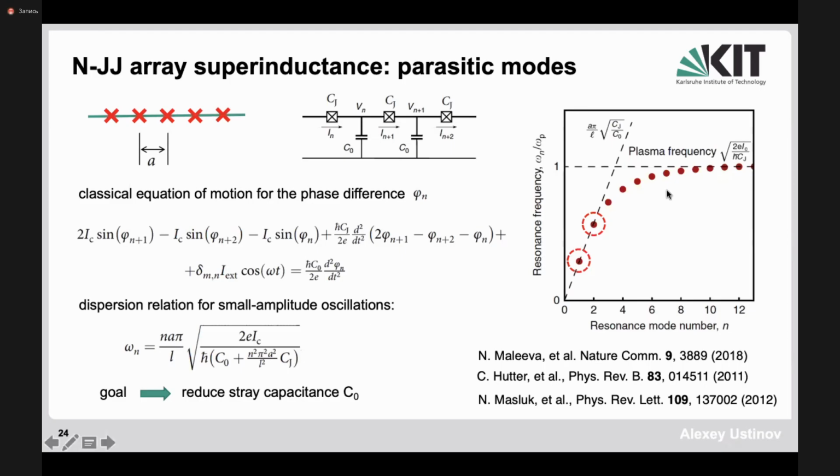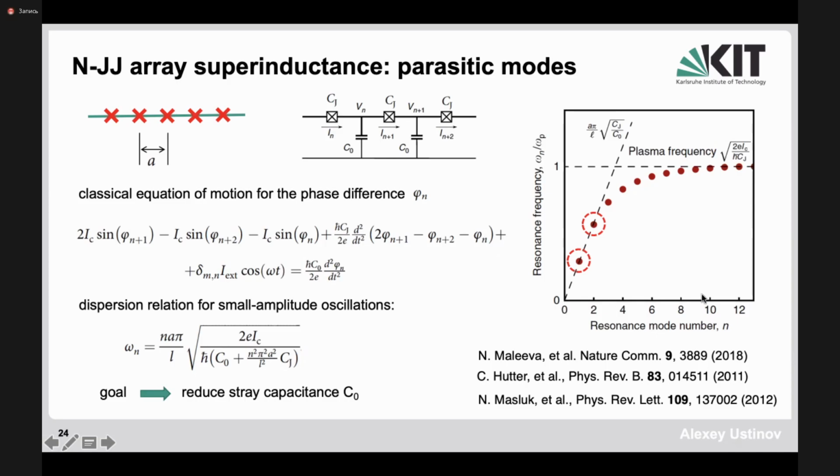But nevertheless, if you go to high modes, then there is a saturation of the mode frequencies at the plasma frequency of individual Josephson junctions. So this individual Josephson junction has individual plasma frequency, which is in these units equal to 1. And these different modes, number 1, number 2, number 3, and so forth, they go equidistantly in the resonant mode number, of course, shown here.